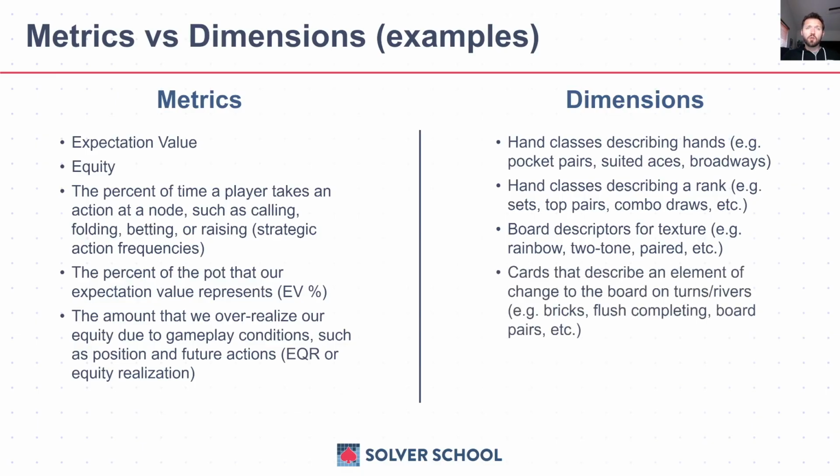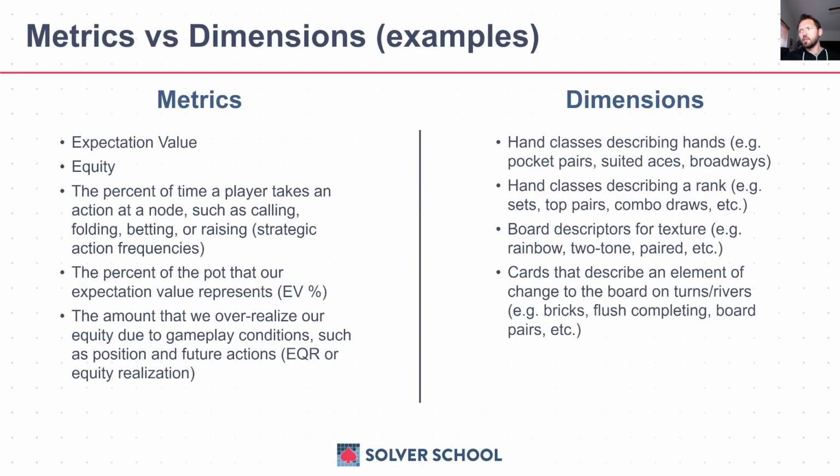They could also be cards that describe the elements of a change to the board on turns and rivers, so maybe a brick card or a flush completing card or a board pairing card. But again, if you notice looking at the dimension side, it's something that's a descriptor, whereas the metric side is quantifiable.